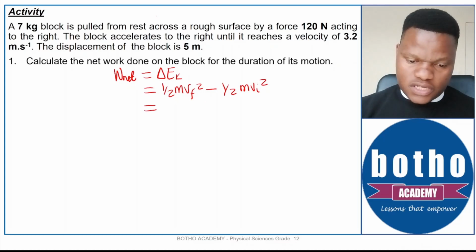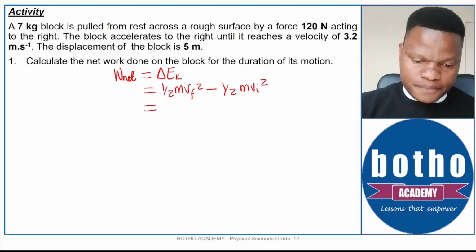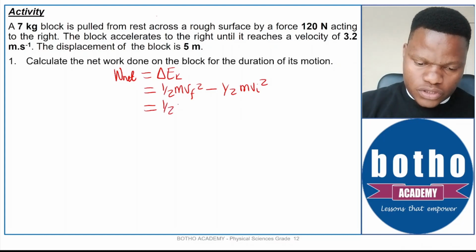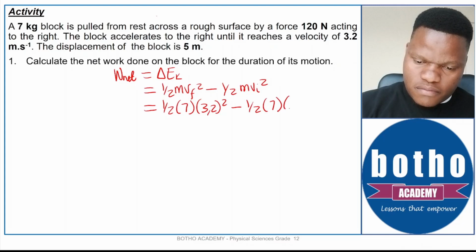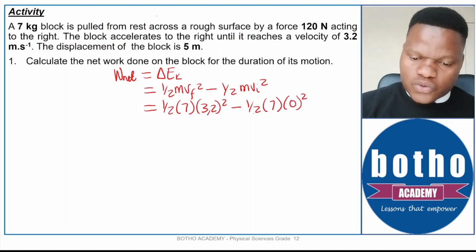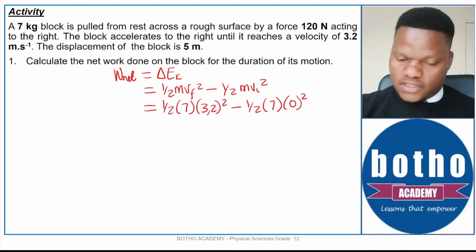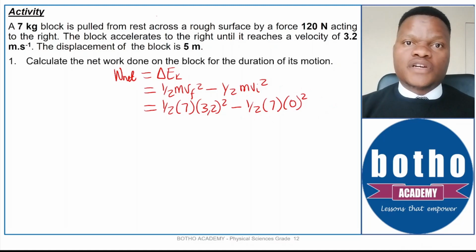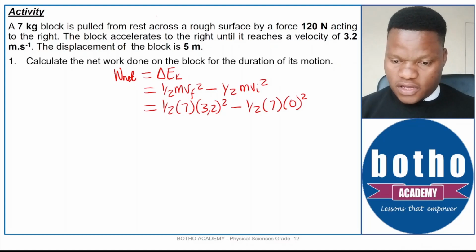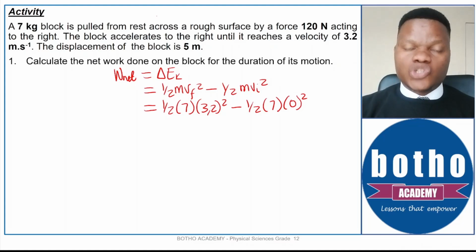We get 1 over 2 into the mass, which is 7, into vf, which is 3,2 squared, minus 1 over 2 into the mass, which is 7, multiplied by 0. Again, this will give us 0. The last term on the right hand side is going to give us 0, but it is good practice to substitute, especially when you are not sure.